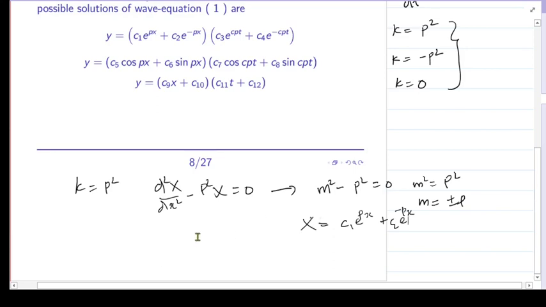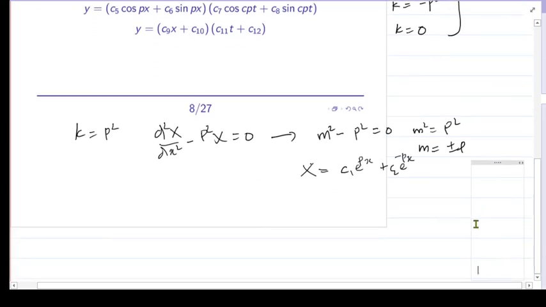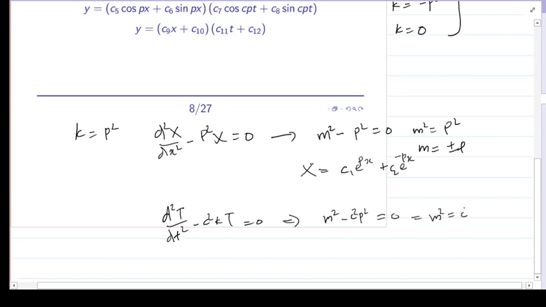Now for the other differential equation, d square T by dt square minus c square k T is equal to 0, we take the auxiliary equation m square minus c square p square equal to 0. That is, m square equal to c square p square, so m is equal to plus or minus cp.